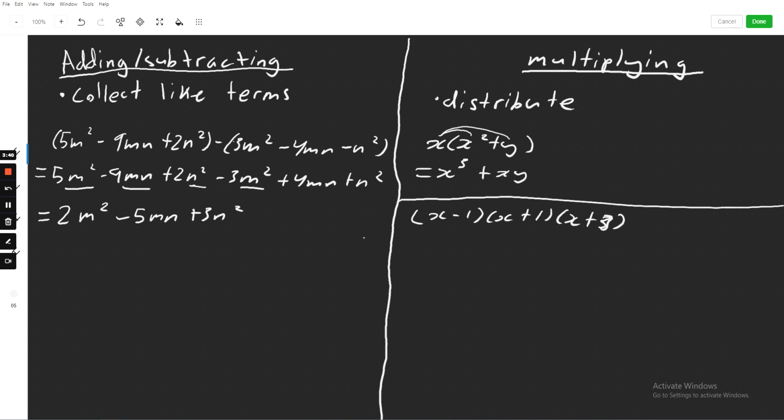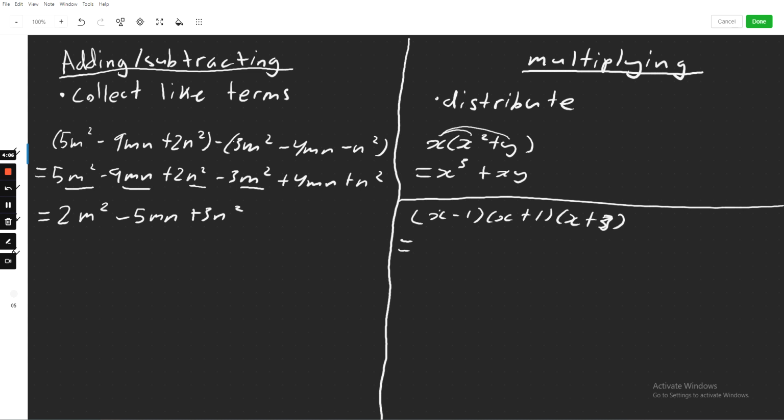FOIL means first terms, so x times x, plus outer terms, so x times 1, and then inner terms, that'll be negative 1 times x, and last terms, negative 1 times 1. So we do that first.